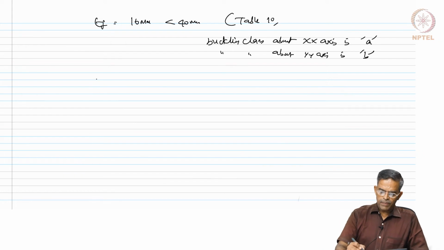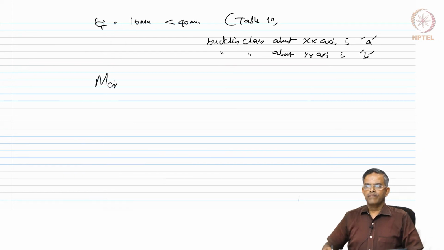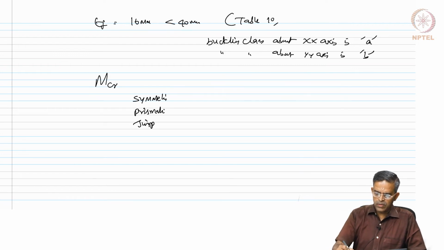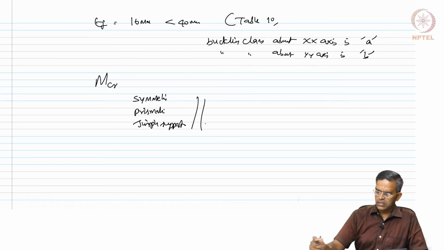So, then the next step is to find out Mcr, that is elastic lateral buckling moment. Now, the section is symmetric, it is prismatic, and it is simply supported, because we should have the bending moment distribution also. These are the conditions.